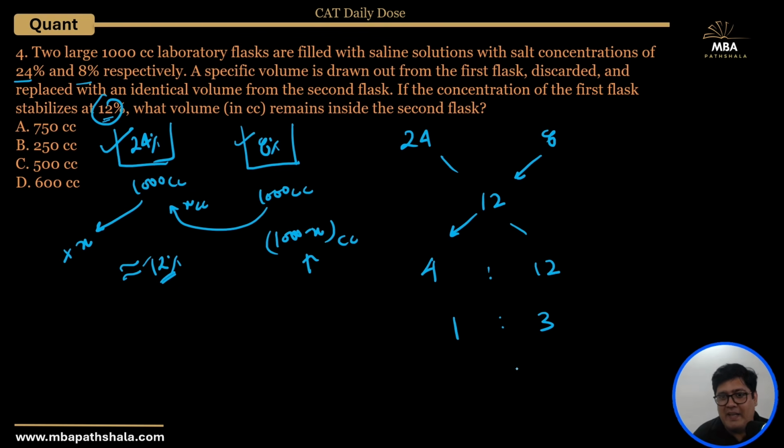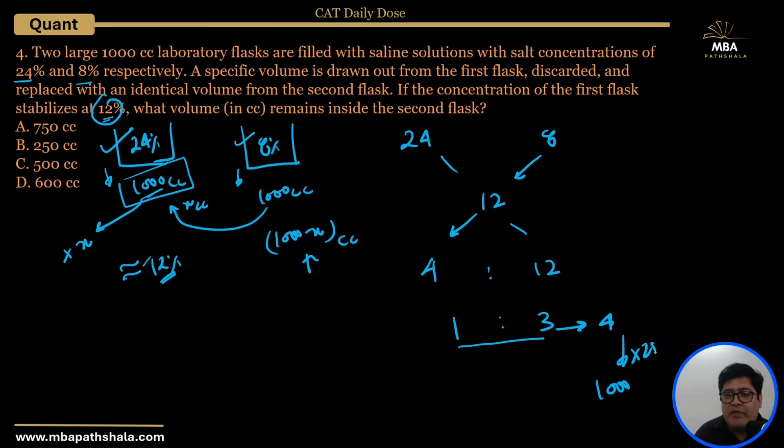Now what is that 1 by 3? 1 cc of this will need 3 cc of this. But can I say after all the replacement, the total volume is still 1000 cc? The 12% solution is 1000 cc. This is the total combined volume of the 12% solution. It appears to me as 4, but actually it is 1000 cc.